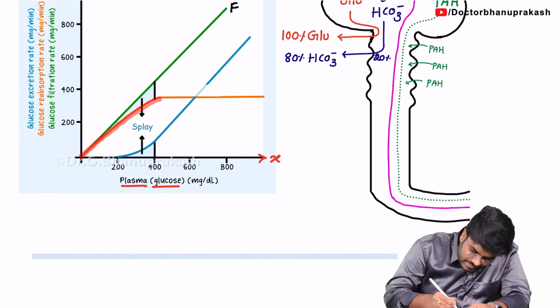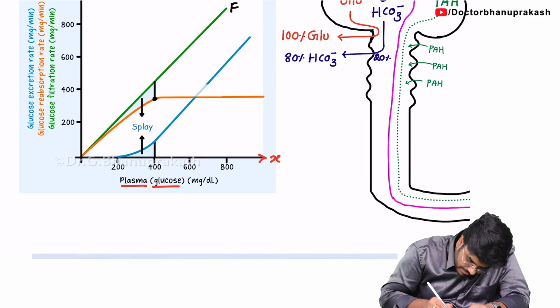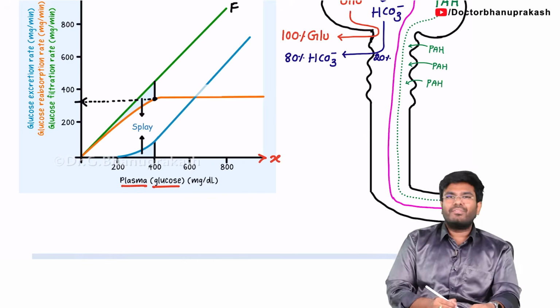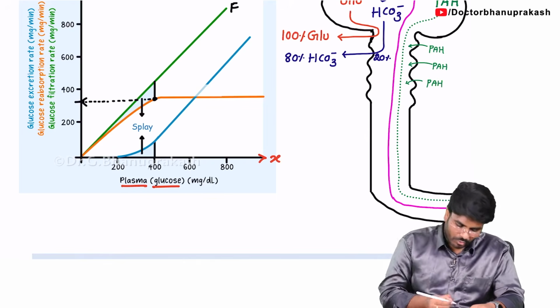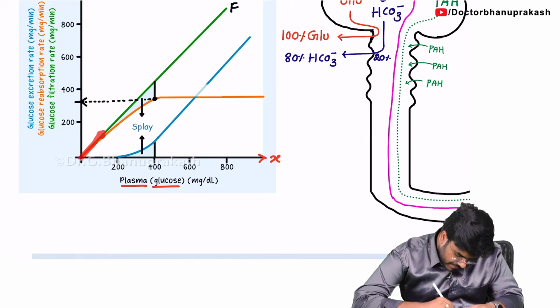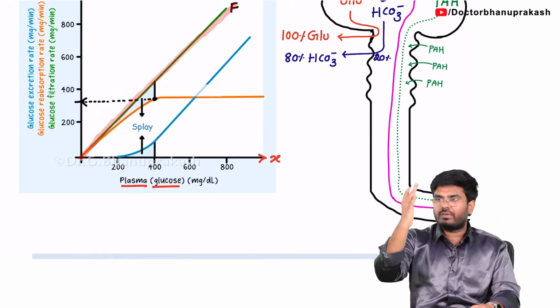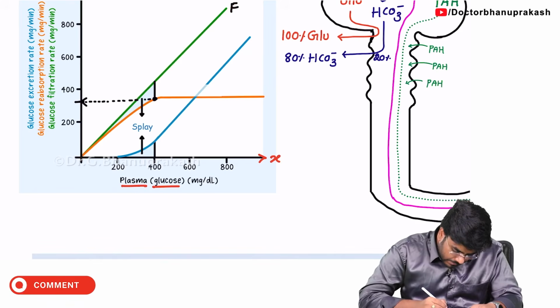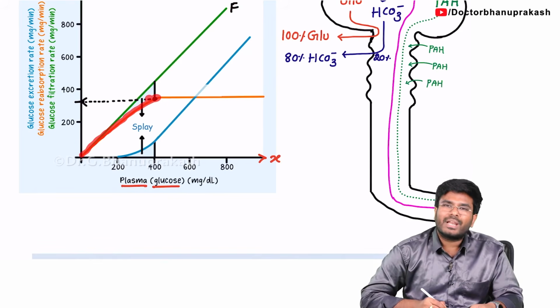But once you get a reabsorption value of 375, will any glucose be further reabsorbed? No. Still filtration is happening. Filtration is continuously increasing. If you increase the plasma glucose, automatically filtration increases. But the maximum capacity of reabsorption is 375 milligrams per minute.